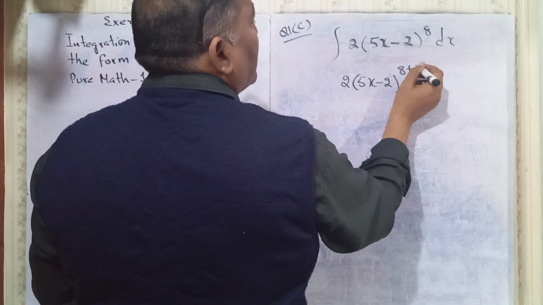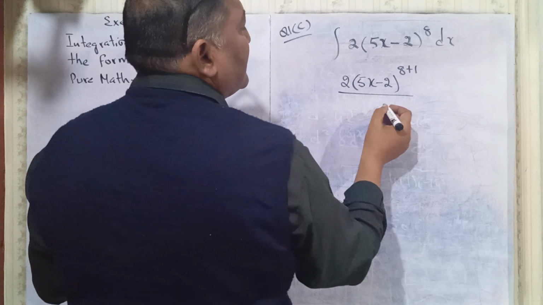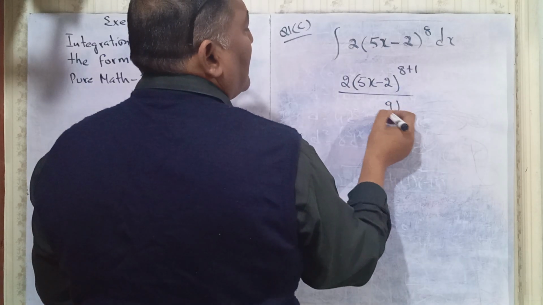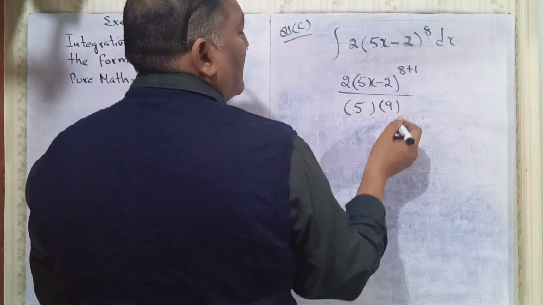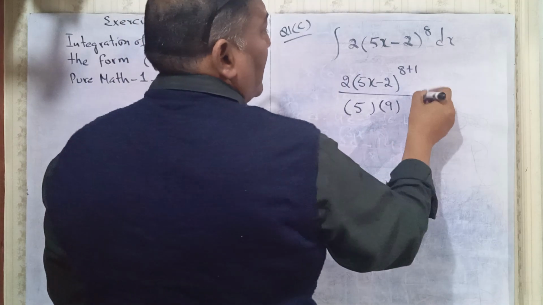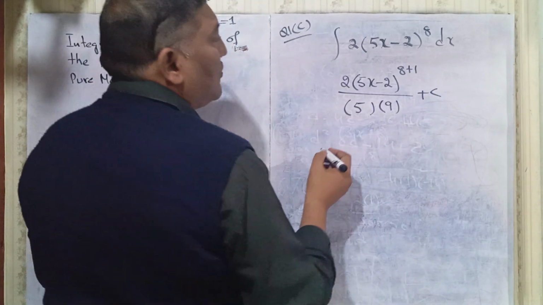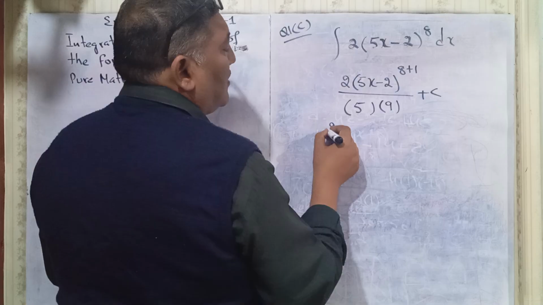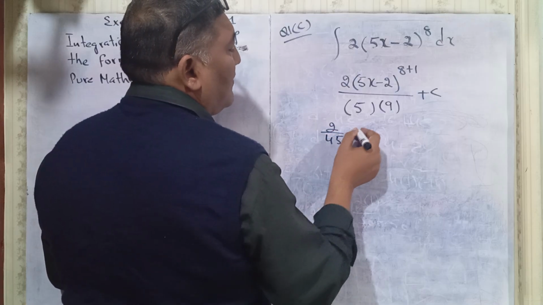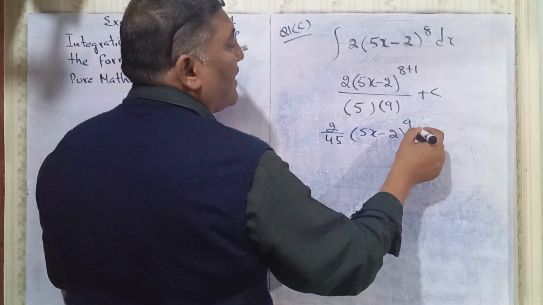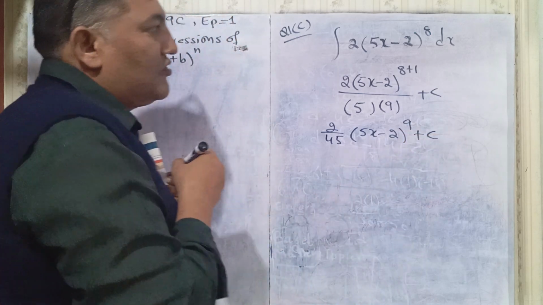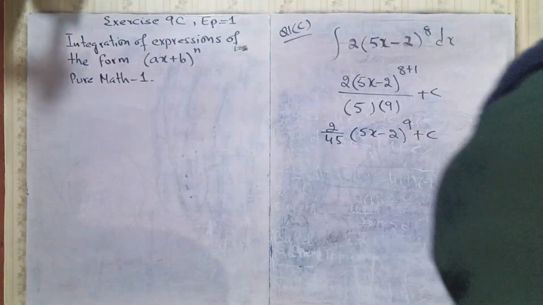The power will be increased by 1. With the same number I will divide. Whatever is the number here, that will also come here. Okay, and plus c. So we will have 2 by 45 into 5x minus 2 raised to power 9 plus c. So hopefully this will be the answer.